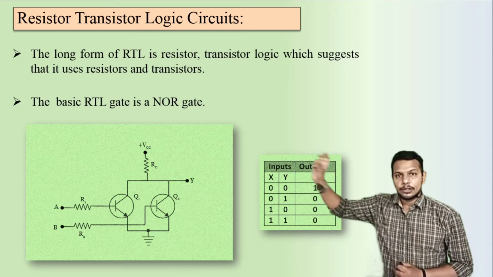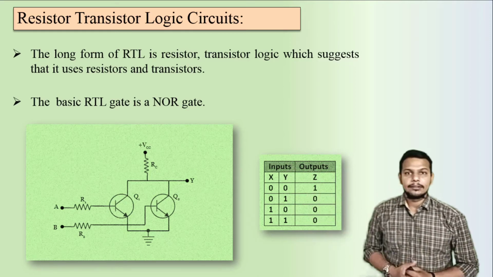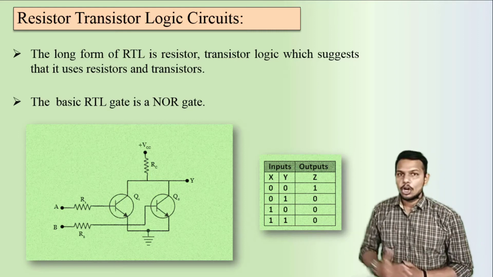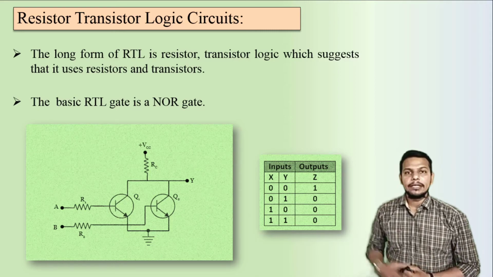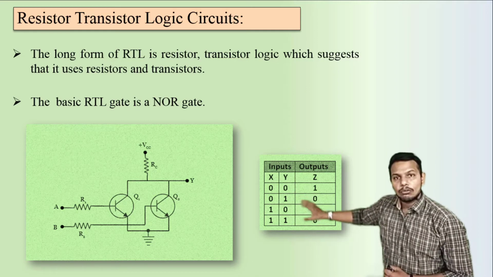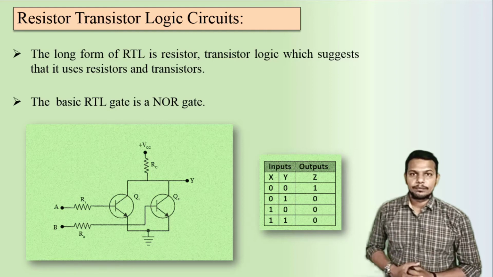That means VCC is not directly equal to Y, and your output voltage will be lower. So we can say in digital form it will be 0. So if I enter 0 1, your output will be 0.